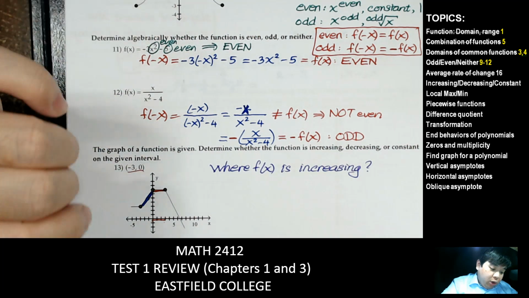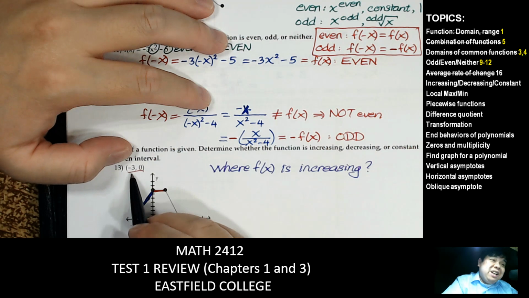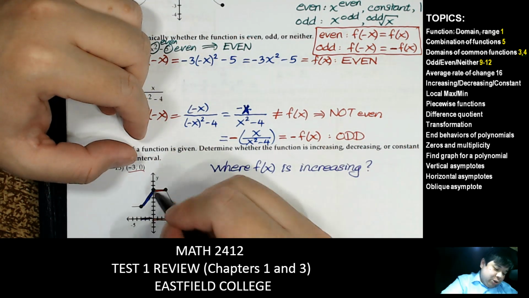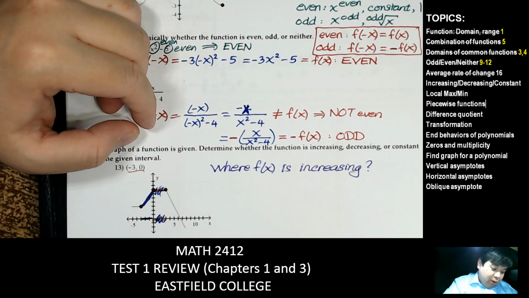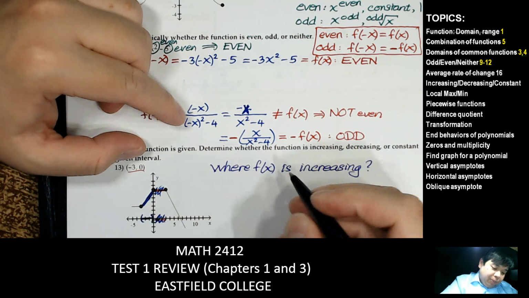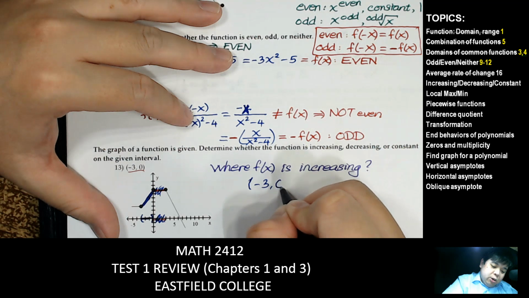But notice that we only write the x values. The x values corresponding will be from -3 to 0. By the way, sorry, it was -3 to 0 and not 0 to 3. So from -3 to 0, it is increasing.